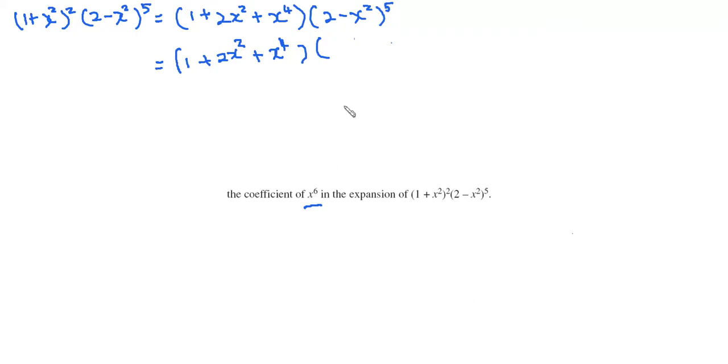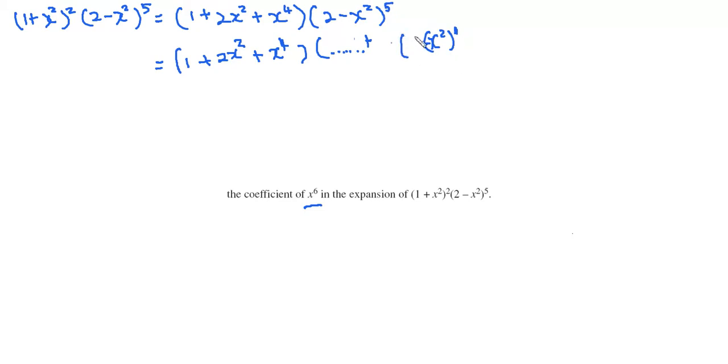Now, I'm not interested in the earlier terms. I'm only interested in the term which has x to the power 2. This b, minus this b. So to get an x^2 term, I just need a 1 here. So this r is equal to 1.